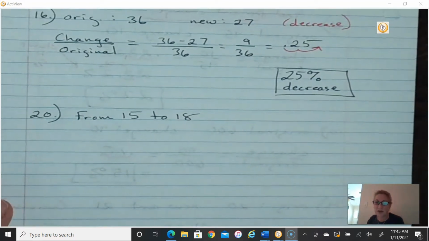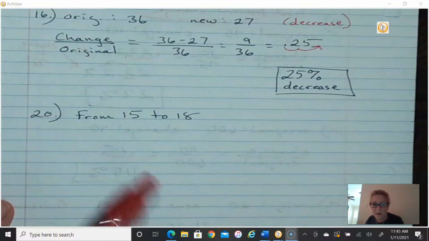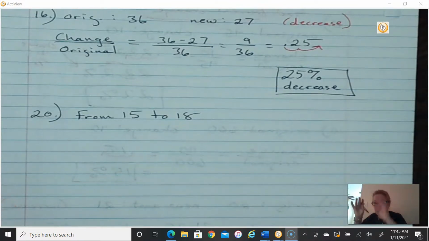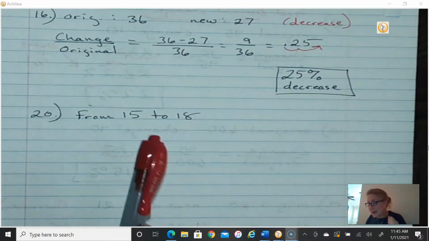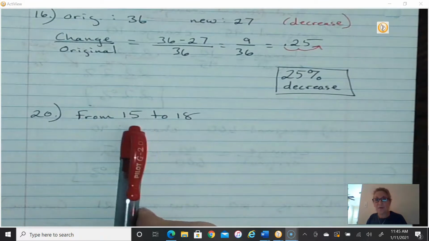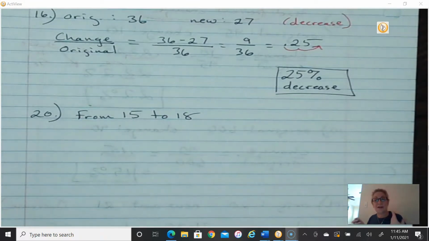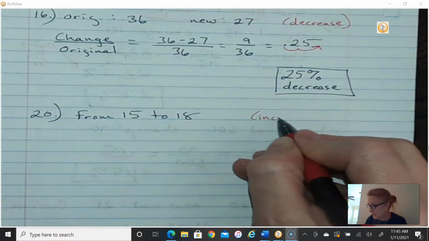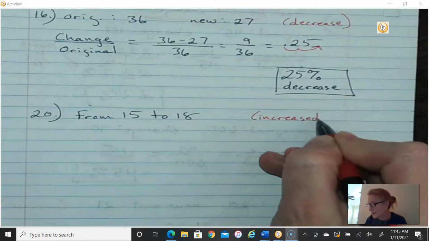So let me ask you, I'll do one example. That's all they gave you, right? Did I increase or decrease? From 15 to 18, do I increase or decrease? That's right, we increased. So that's good to get that out of the way.